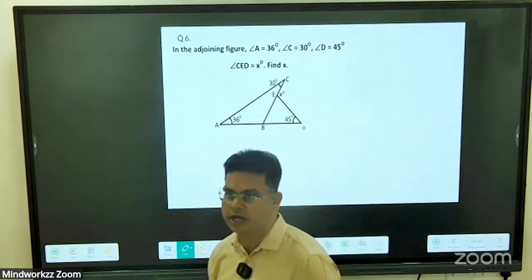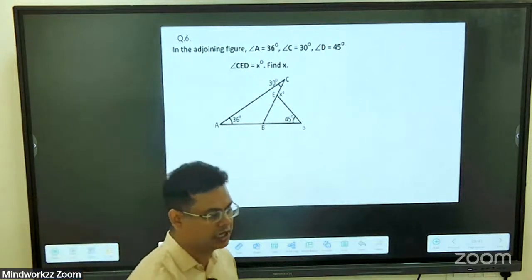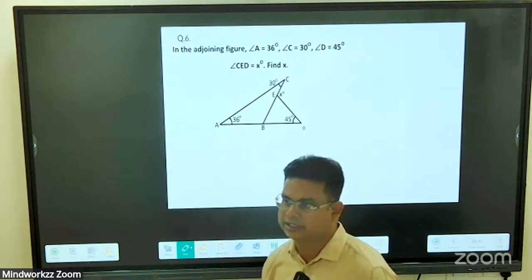You have to apply the concept of exterior angle 2 times in this question. And once you do that, you will get the right answer.